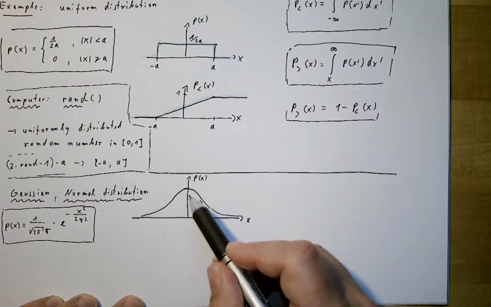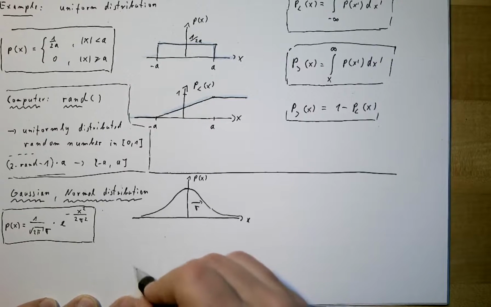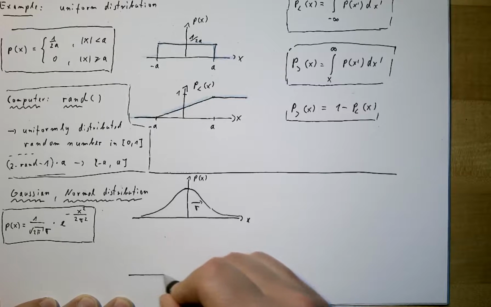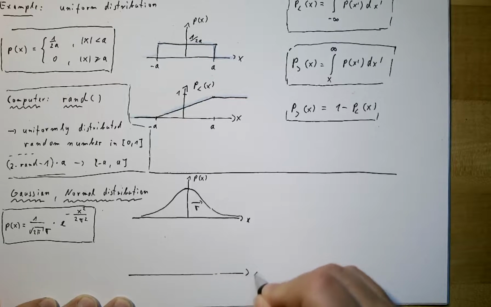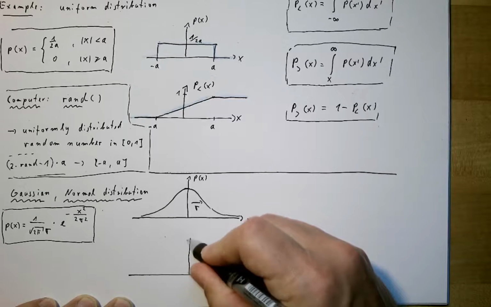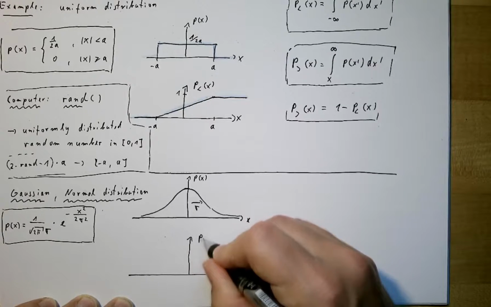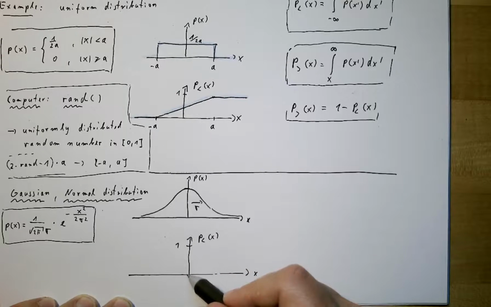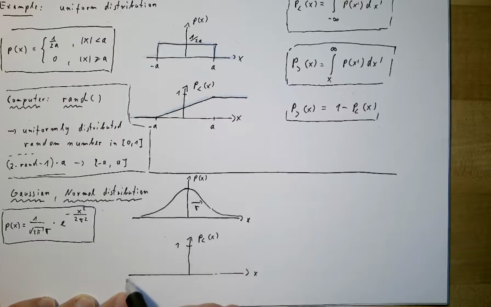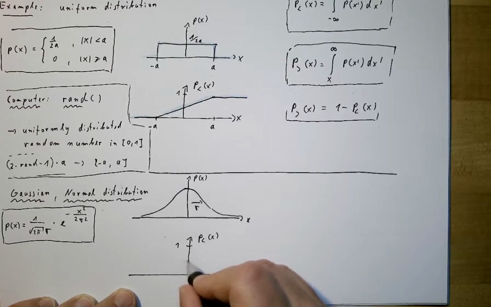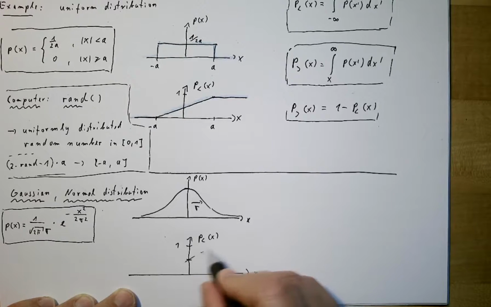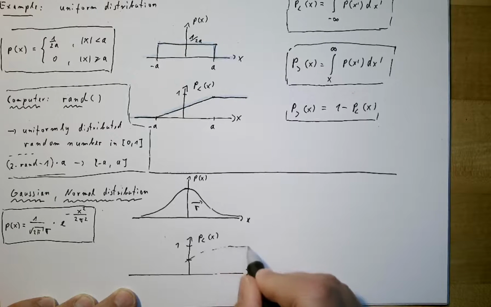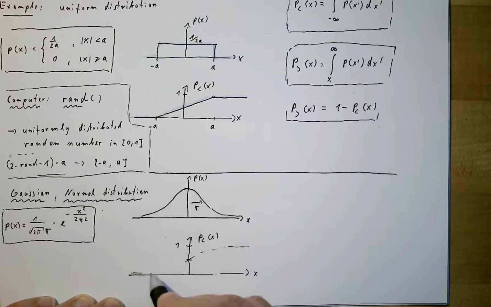So that's again the PDF. So how does the cumulative distribution look like? So we have x, and plot here again P smaller of x. Again, this is bounded between 0 and 1, and it's now a function which is increasing monotonically from 0 to 1. Here at 0 it's 1/2, increasing and then goes to 1, and here it comes from 0.